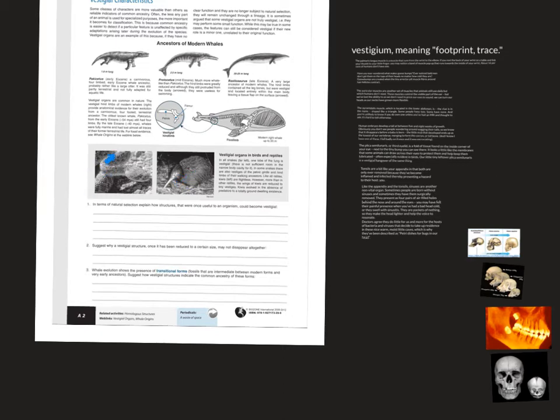Same with the snake that has the small pelvic bone and the extra lobe to the lung. It really has no advantage, but there's no disadvantage to it either. So those structures stay in the population, left over from a previous environment where they were useful. Now they're no longer useful.